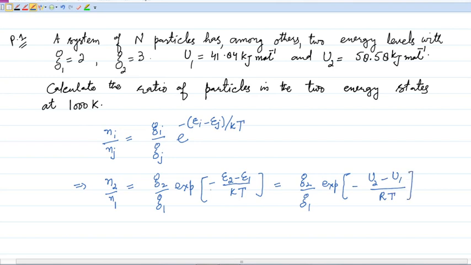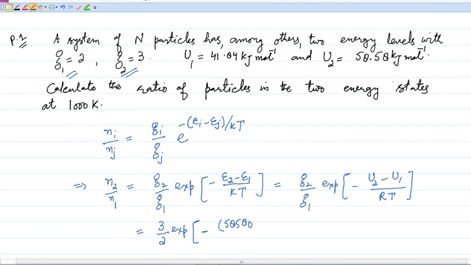What we have done, this is for one molecule, and we have taken 1 mole here, so it will be simply equal to, G2 is equal to 3 and G1 is equal to 2, so we will write 3 upon 2 exponential, and we will put the values. 58580 minus 41840.